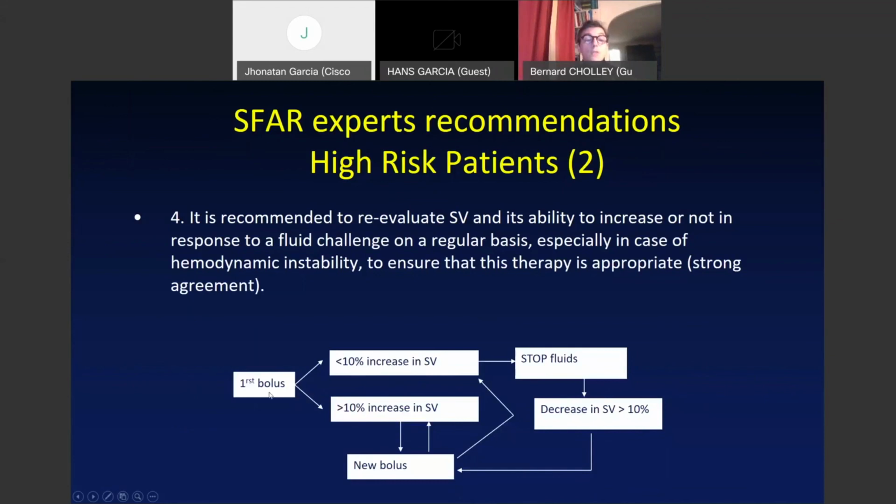So if you give a first bolus, if you don't have an increase in stroke volume, stop fluids. But if you have an increase that is more than 10%, you can give a new bolus until you reach again the lack of increase in stroke volume and you stop fluids. If you observe a decrease in your stroke volume that is greater than 10%, after a while, you can start a new bolus again.